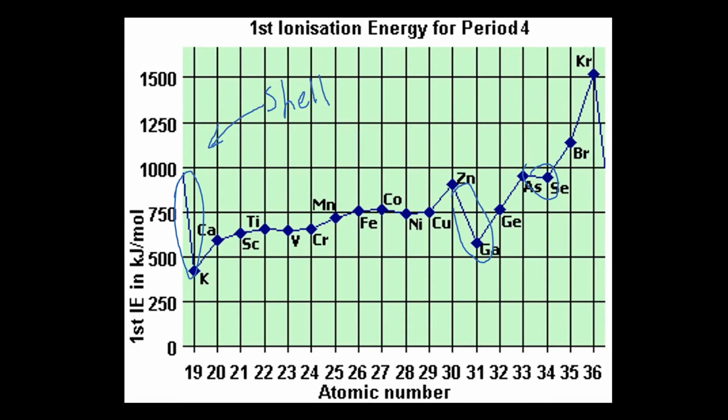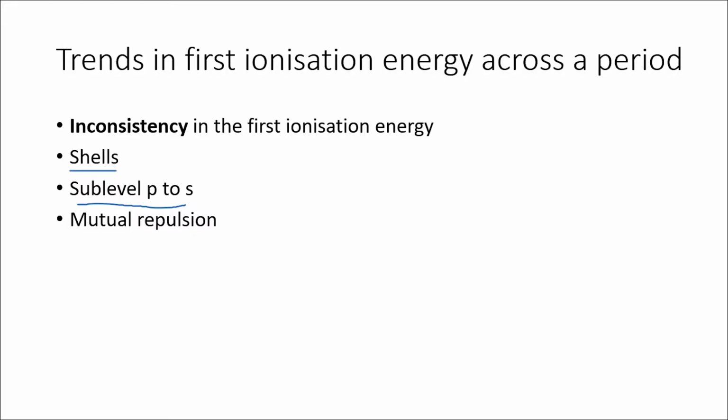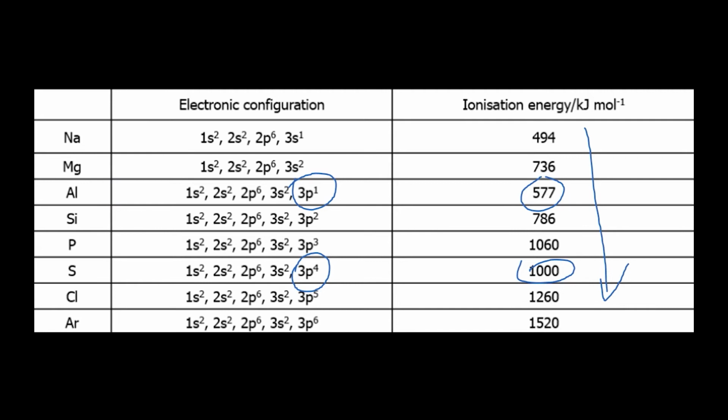I have a diagram right here, gradually increasing, but exceptions. Right here. So the change in sublevel from P to S. As you can see, there's only one electron in P. P can hold 6. I'll get back into that later on in this video.